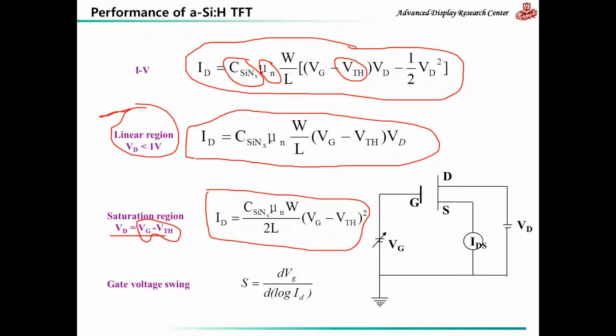W is the channel width, L is the channel length, VG is the gate voltage, VD is the drain voltage. The gate voltage swing is the inverse of the slope of log IDS as a function of VGS.